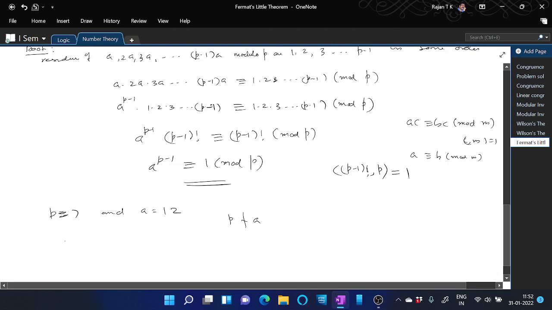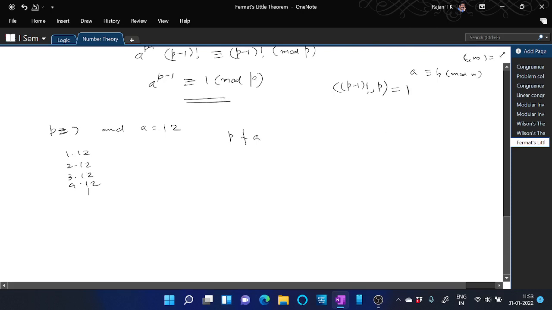So the least residues modulo 7 of 1 into 12, 2 into 12, 3 into 12, 4 into 12, 5 into 12 and 6 into 12 are 1, 2, 3, 4, 5, 6 in some order.